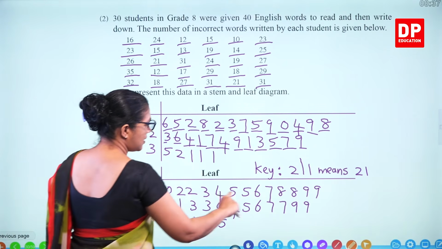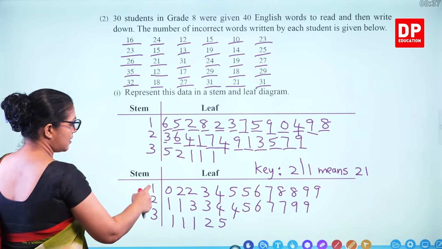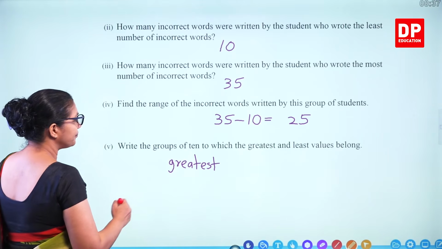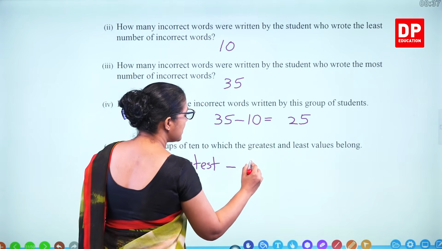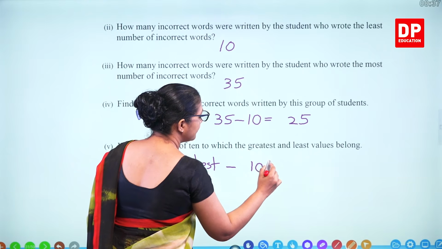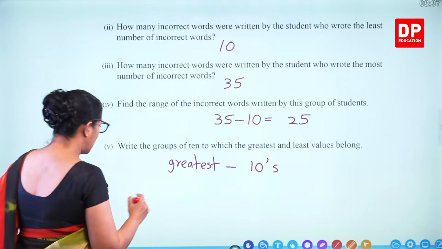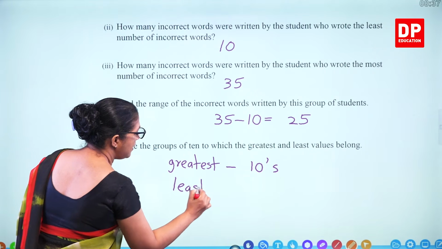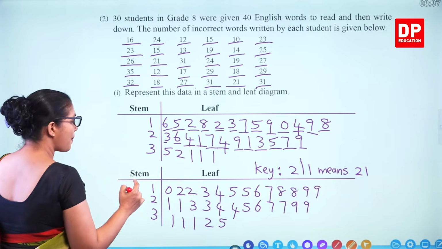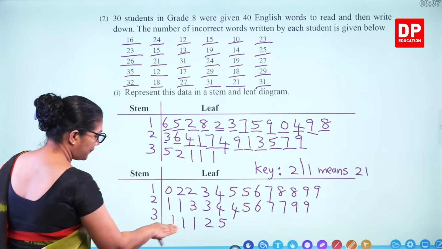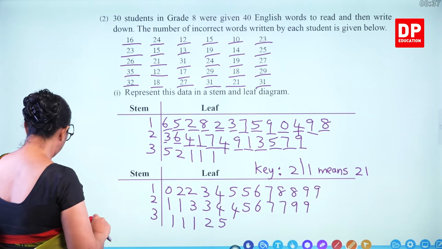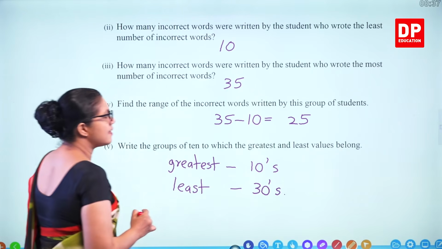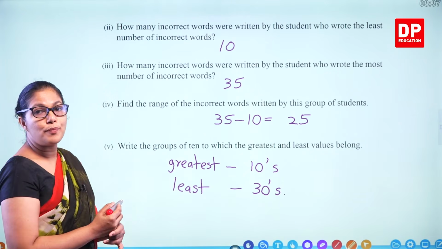So that's tens. Here this is the first row. So you can write tens. Then least number you get, that's this row, 30s. 30s is the least now, least value belongs.